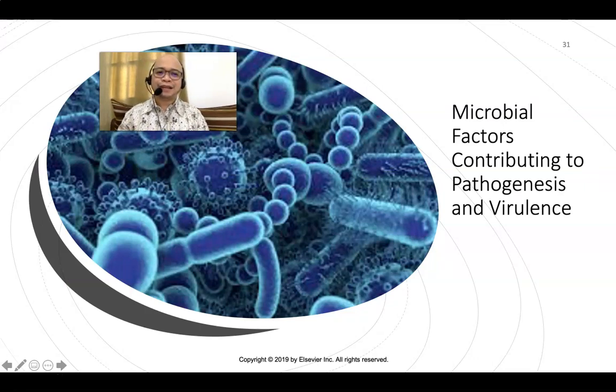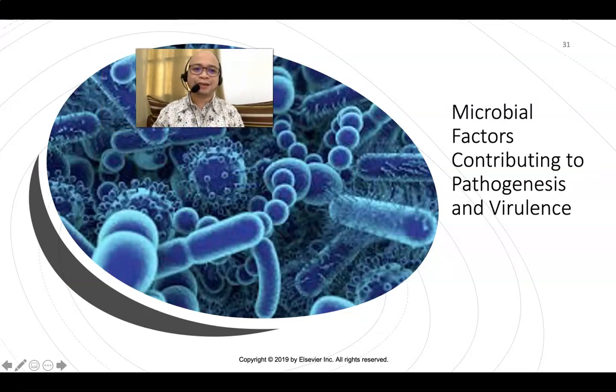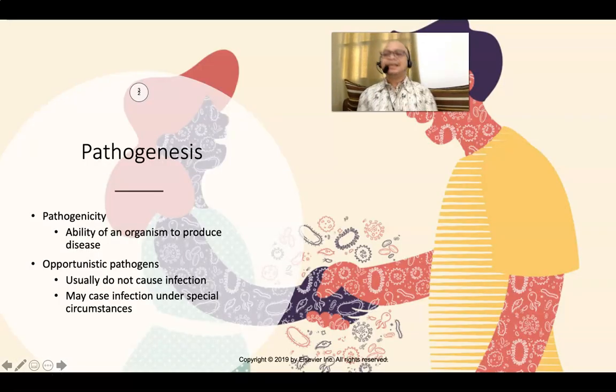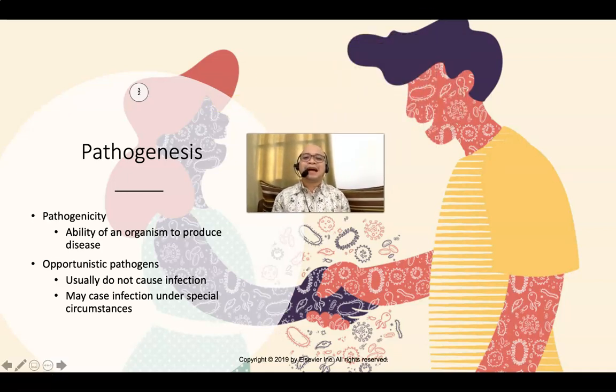There are microbial factors that may contribute to pathogenesis and virulence. Pathogenicity is the ability of an organism to produce disease. Highly pathogenic means that they can cause a disease state in humans. We have what you call opportunistic pathogens.